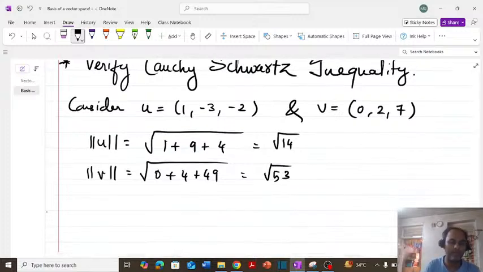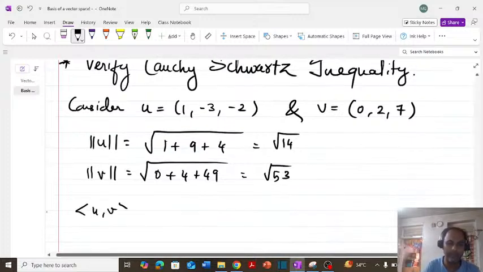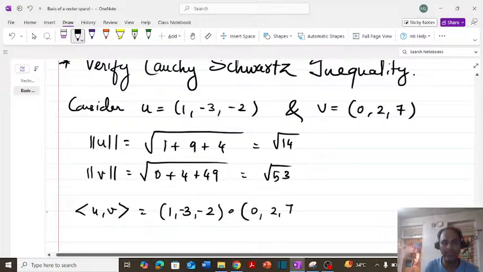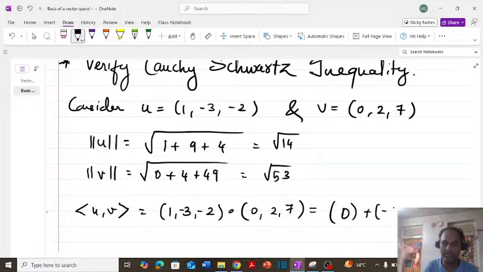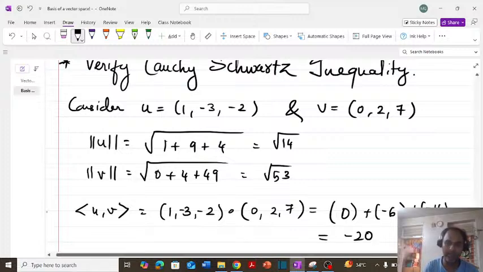Now the inner product uv is (1, -3, -2) dot (0, 2, 7). This gives 0 plus minus 6 minus 14, so that's minus 20.